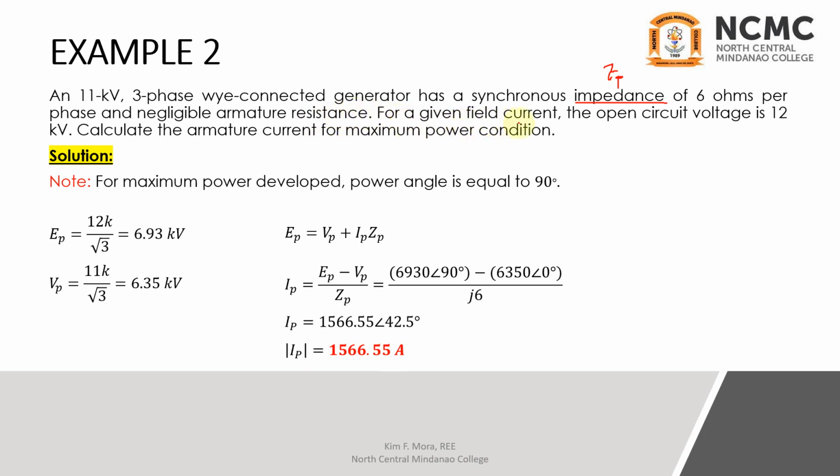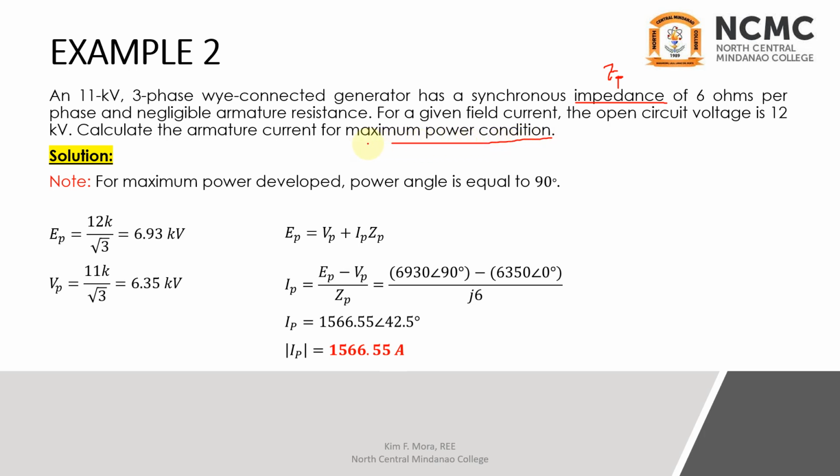For a given field current, the open circuit voltage is 12 kilovolts. Then calculate the armature current for maximum power condition.